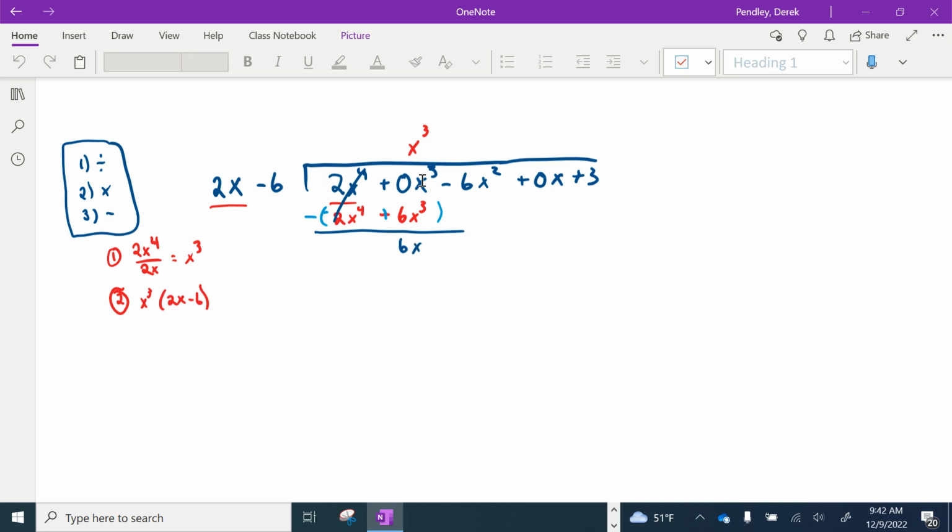So for the second one, we divide 6x cubed by 2x, which gives me 3x squared. Now I need to multiply that 3x squared by the 2x minus 6.